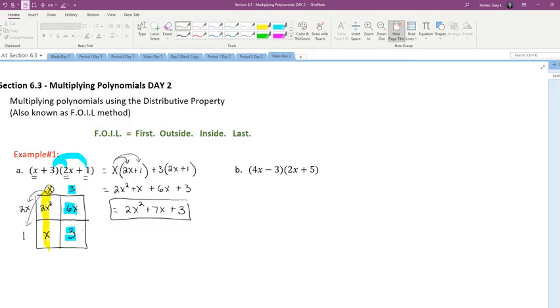So let's look at part B. All I'm going to do is distribute the 4x times 2x and times 5. 4x times 2x is 8x squared. 4x times 5, 4 times 5 is 20x.